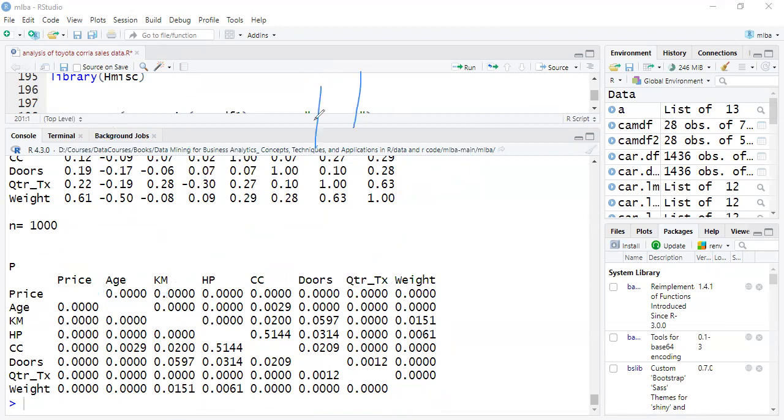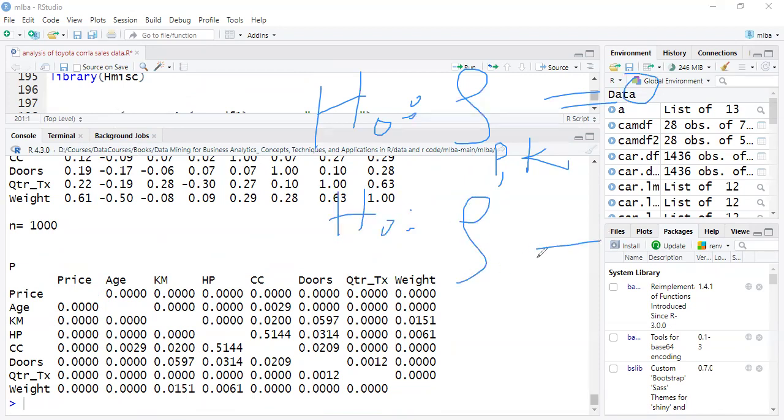So H naught: the correlation between the price and kilometer is 0. And the alternate hypothesis: it is not 0. The p-value is 0, indicating that the null hypothesis is rejected and the alternate accepted, meaning the conclusion is that kilometer and price have a significant correlation. So all of these correlations are significant.